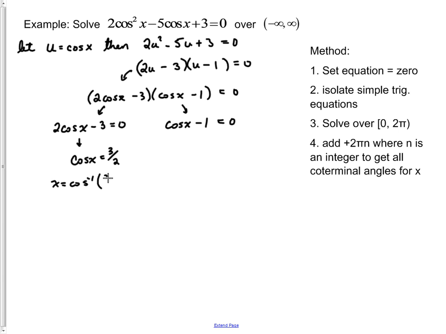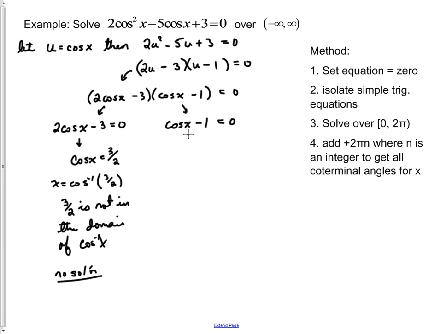And the problem, well, that's right, 3/2 is not in the domain of the inverse cosine. And so what we would have to conclude right here is that this is going to be a part of the equation that has no solution.